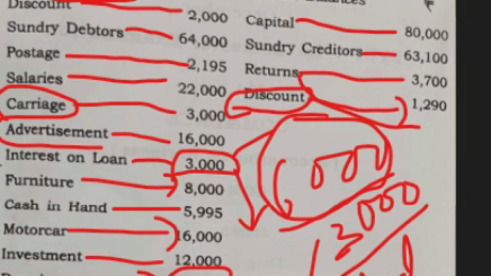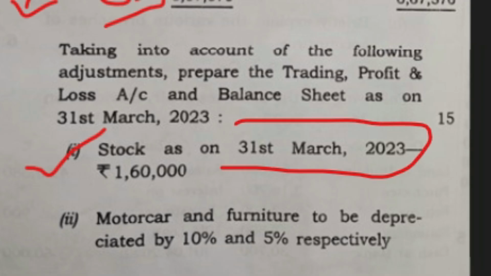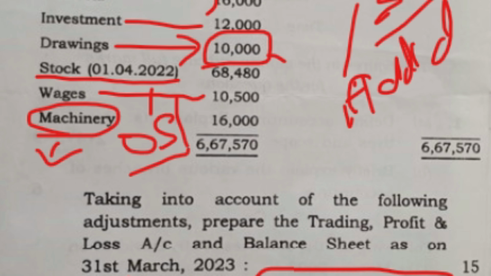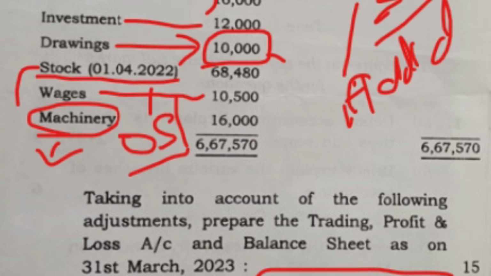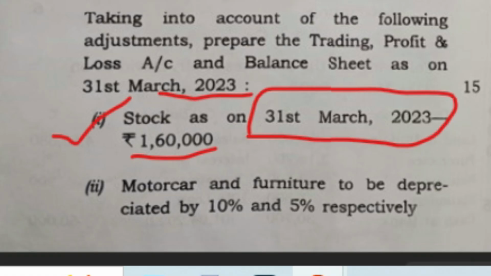Apart from this trial balance, some adjustments are also given here. This is on 31st March 2023, so it is closing stock. And this is 1st April 2022, the opening stock. This stock is at the beginning of the accounting year, so it is opening stock, and this stock is at the end of the accounting year, so it is closing stock.